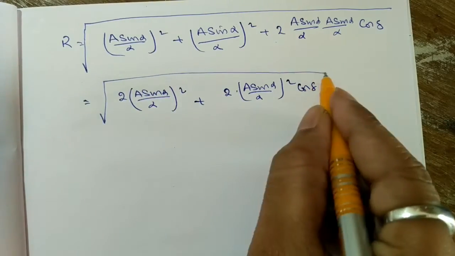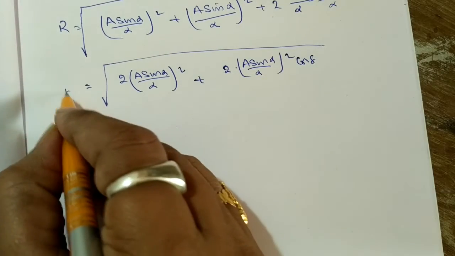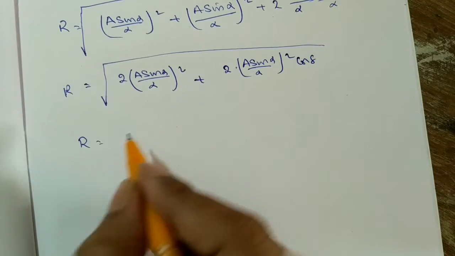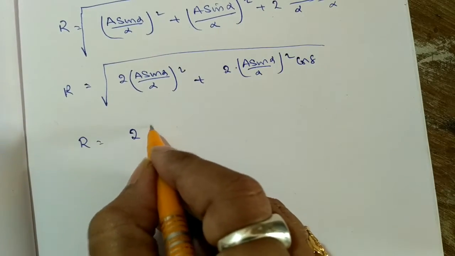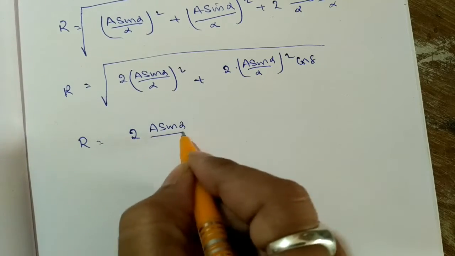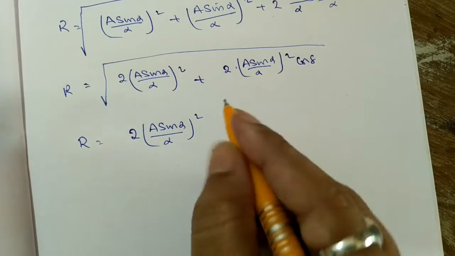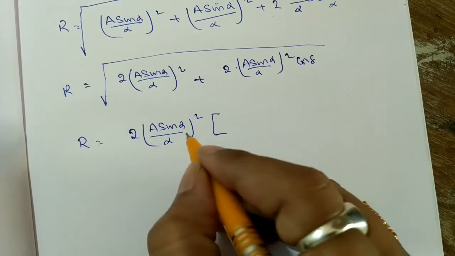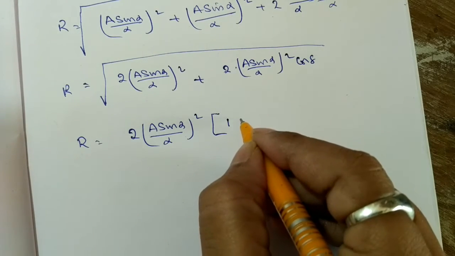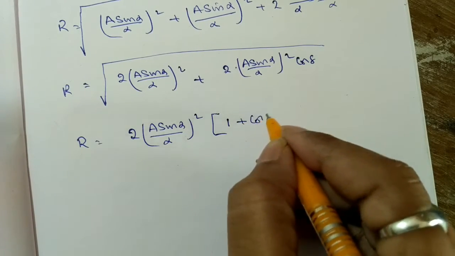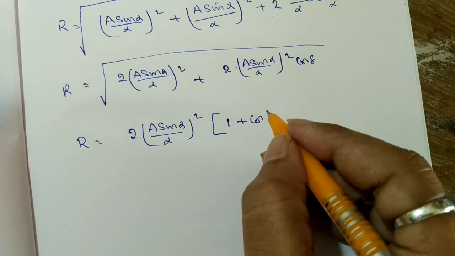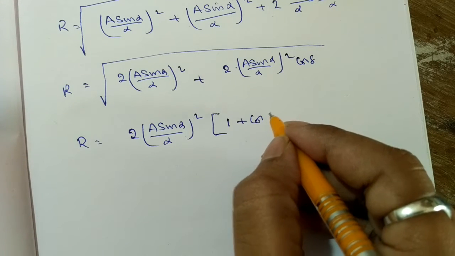Taking a common factor, R is equal to root over 2 (a sin alpha by alpha) square into (1 plus cos delta).